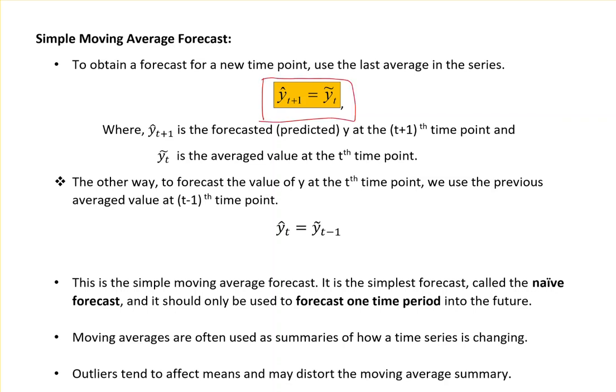This formula is easy to understand. If you want to make the prediction for the next time point, you need to use the previous estimated value. So for example, let's say this is the example, right?